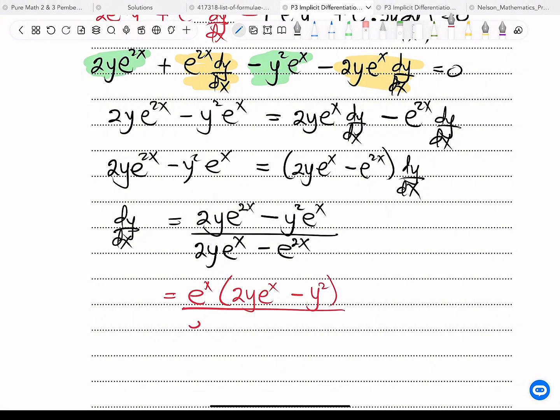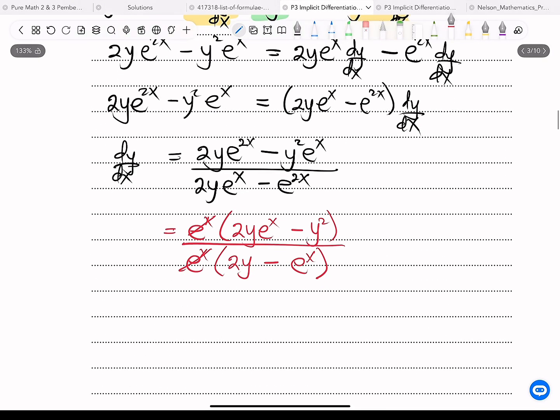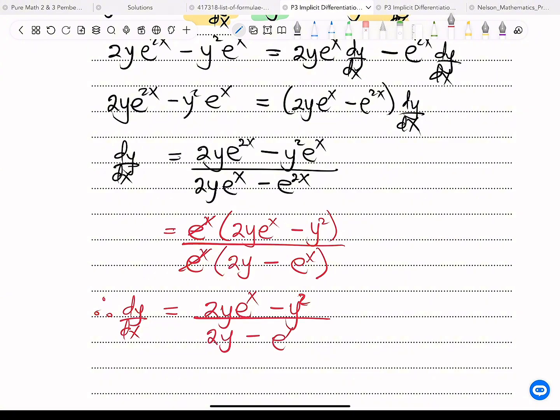The down part too, we factor this out, and we get 2y minus e to the power x. These two will cancel. Therefore, our dy/dx is now e to the power x, 2y e to the power x minus y squared, all over 2y minus e to the power x.